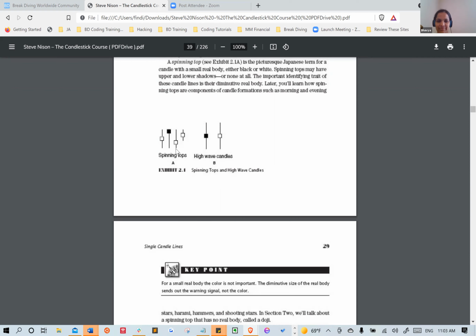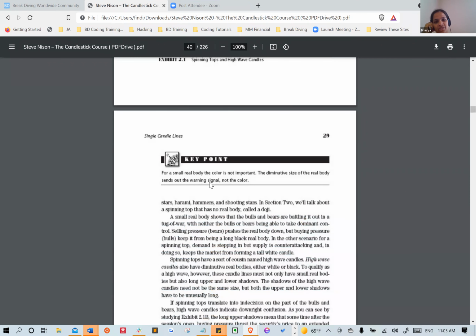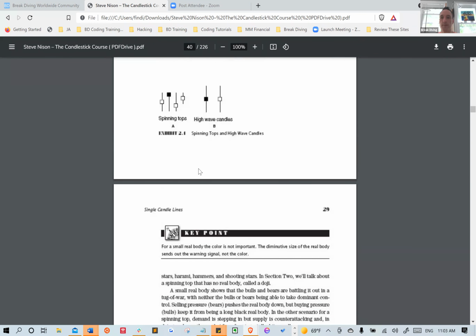And this one is a spinning top because it has upper and lower shadows, but they're not long.